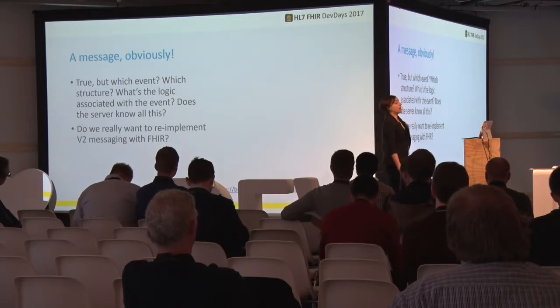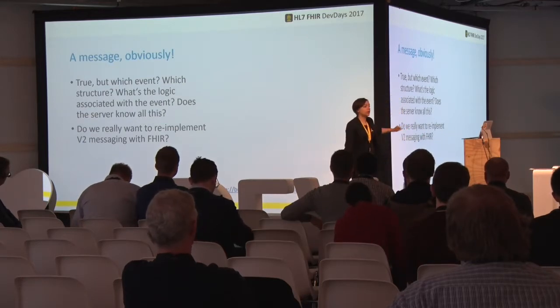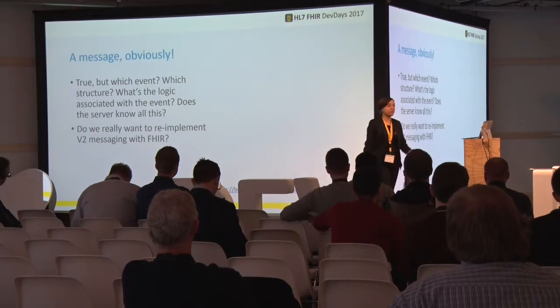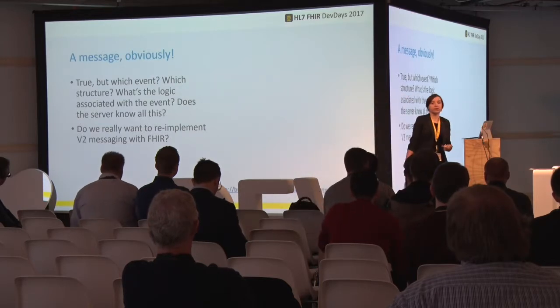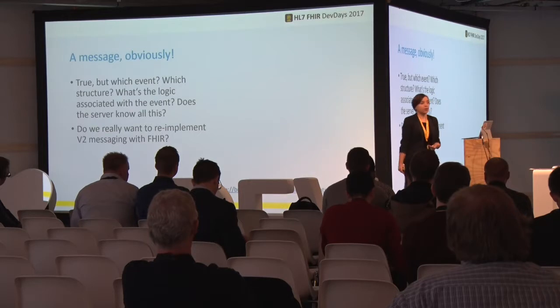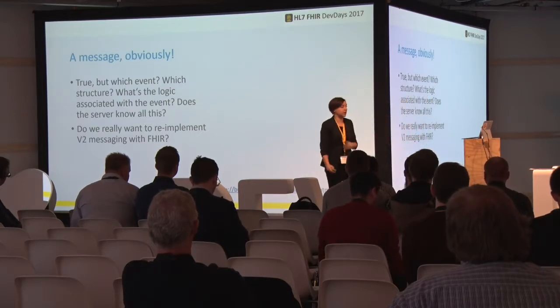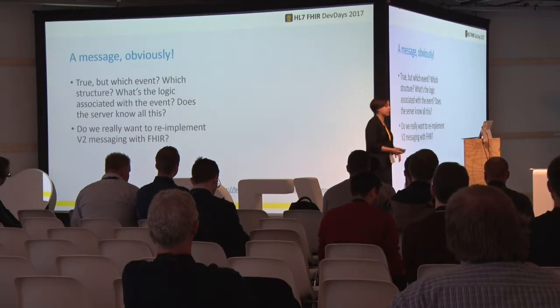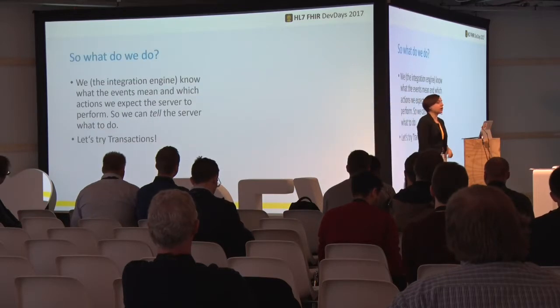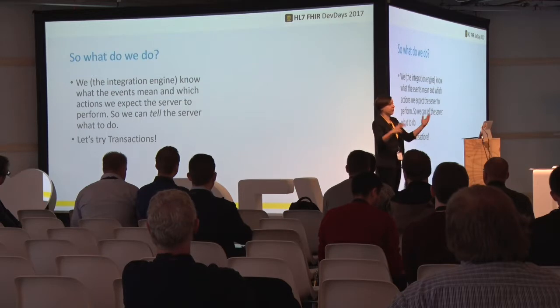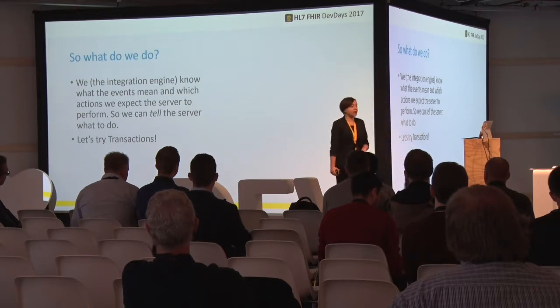But we pretty much would have to re-implement version 2 with FHIR. We'd have to define the events, we'd have to define the message structures and the associated business logic. So finding a FHIR server that supports all these different kinds of business logic is probably going to be a bit hard. So what do we do with our real stupid but full-featured FHIR reference server?